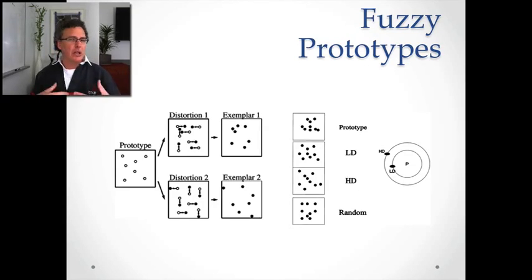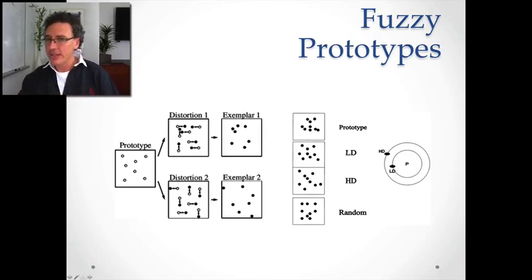If I show you something like a robin or a crow or a sparrow, you're going to probably be very quick, because those birds are probably very similar to your prototypical bird. But if I showed you a penguin or a rooster or an ostrich, something that's not really your typical bird, you find that people take a lot longer to say, yes, that's a bird.